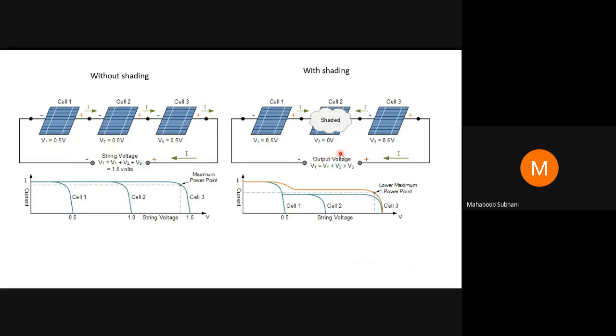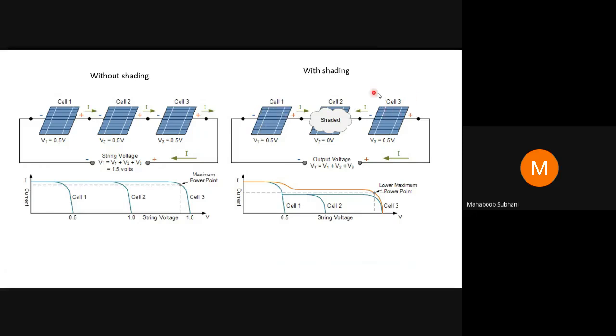a shaded region. Now the same connection, I have just forwarded here, and then we have shaded only cell 2. As the basic theory which we know, the sun rays fall on the cell and this will generate a certain amount of power. It has its own individual voltage and it has current.